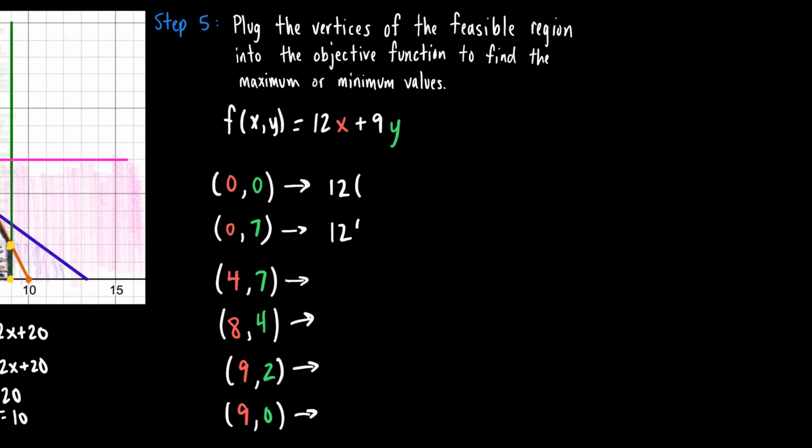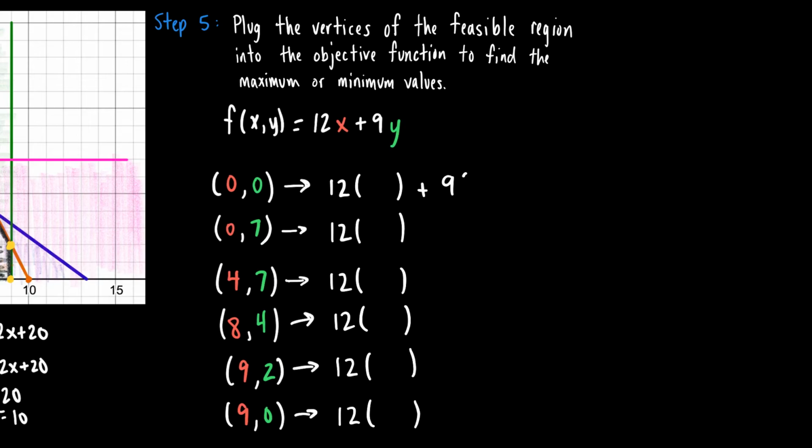I'm just going to come down and write these all out. 12 times the x value, so we're going to plug that x number in there. And then we're going to add 9 times the y value, 9 times the y value for each one.